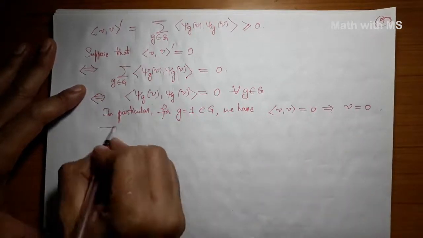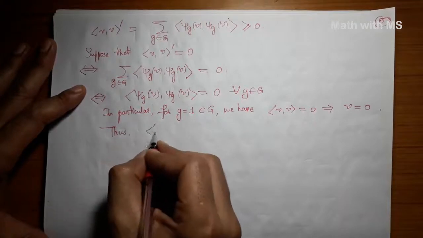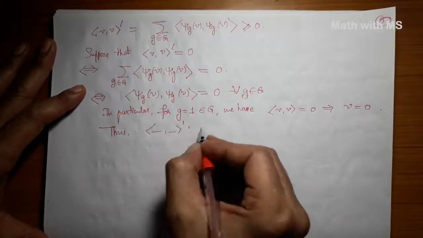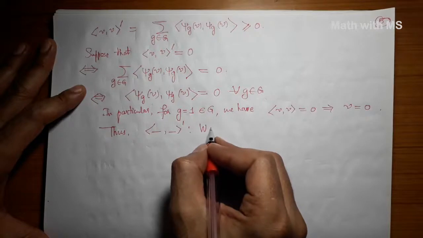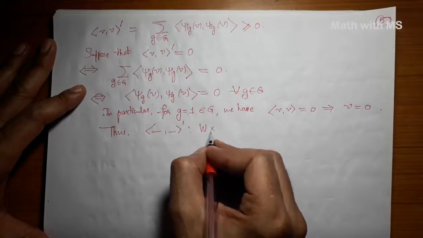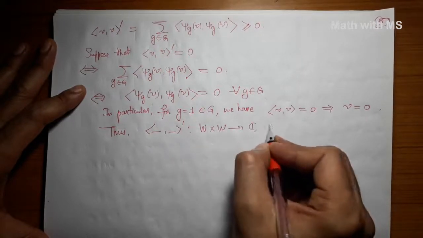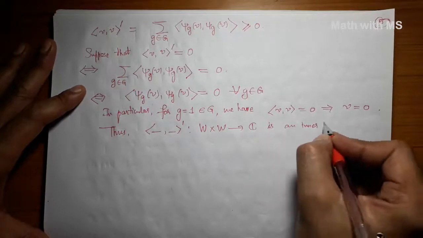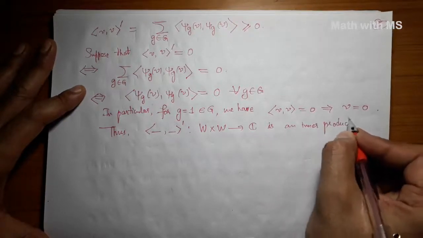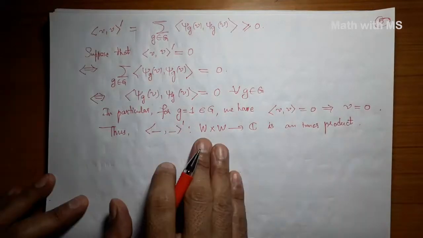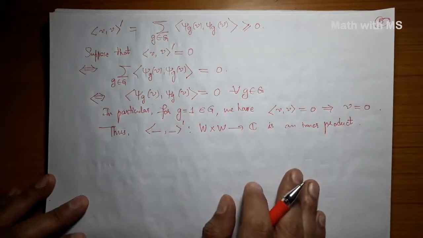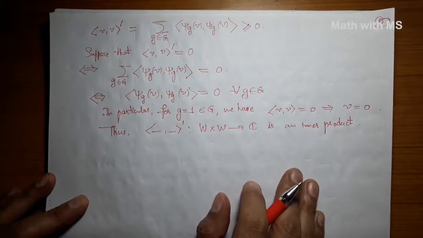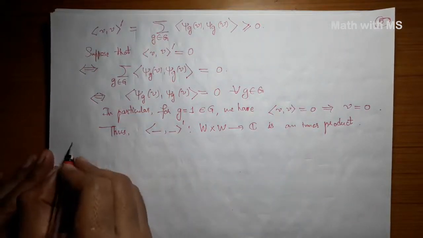Thus this map from W cross W to C is an inner product. Alright, so now to show that it's a unitary representation, you just need to show that each ψ_g preserves the inner product, but that's quite simple, that comes out straight.